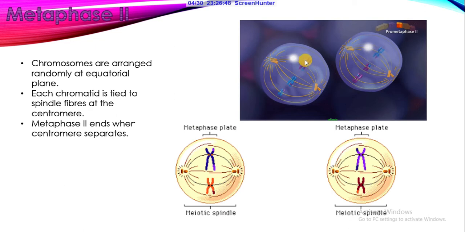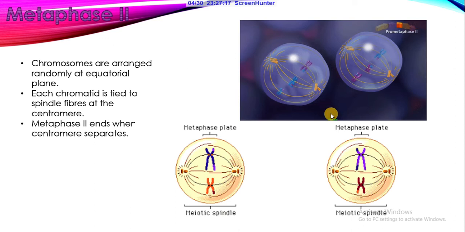So both centromeres of the chromosome will be attached to spindle fibers, not only one centromere as in metaphase 1. Okay, because in metaphase 2, only one chromosome is aligned at one time. But for metaphase 1, the pair of homologous chromosomes is lined up. Okay, so metaphase 2, and then the centromeres separate.